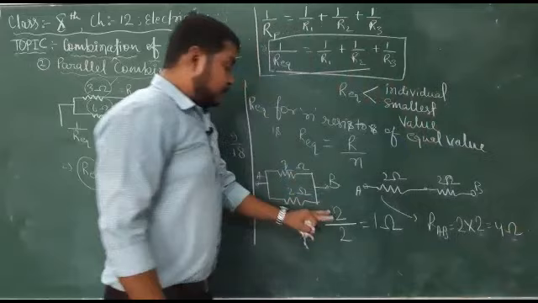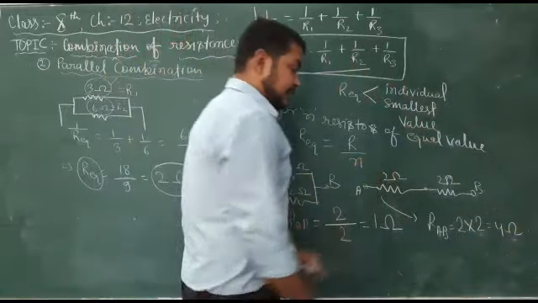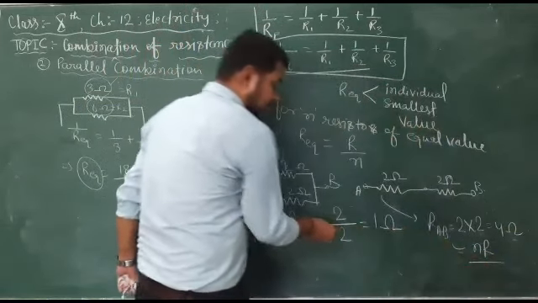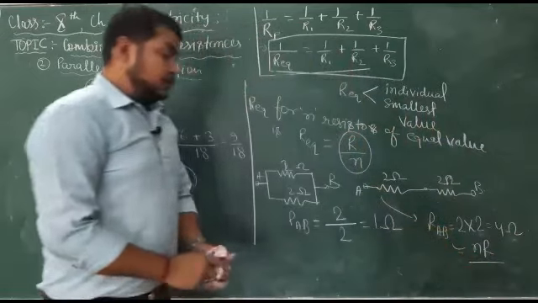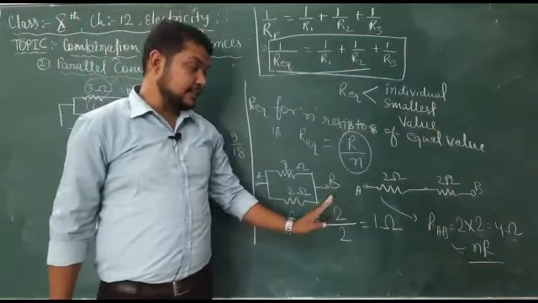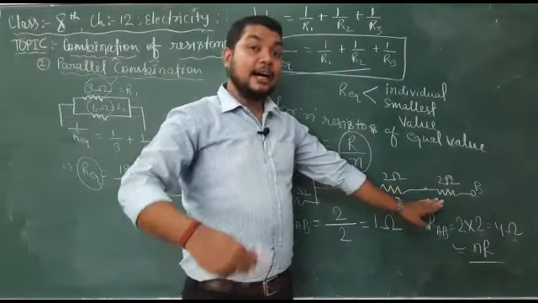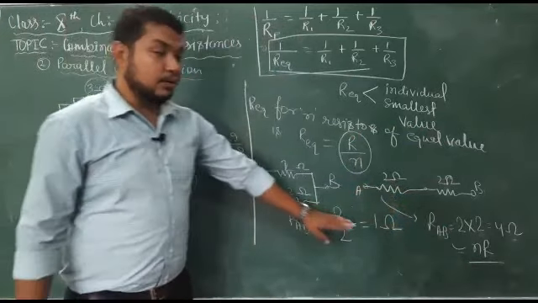It means for series combination, if n equal resistors are connected in series, then Rab is equal to n into R, and if it is in parallel, it is R upon n. Now just compare the values. In series combination the value is higher, whereas in parallel combination the resistance is of lower value.